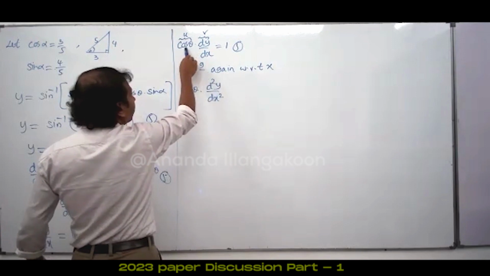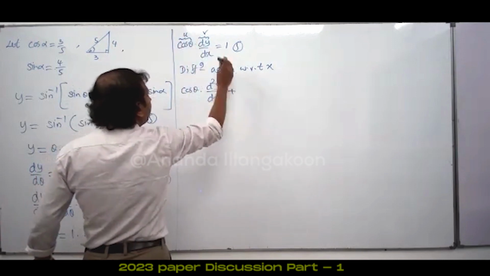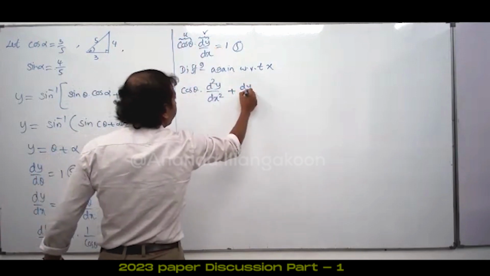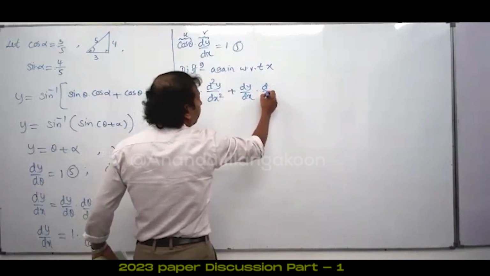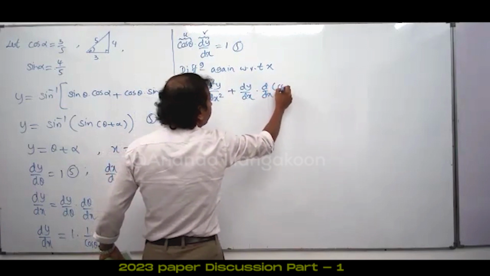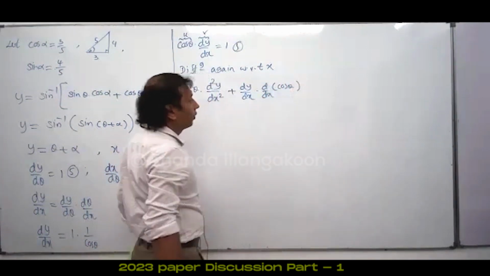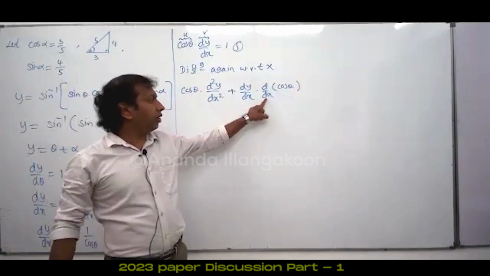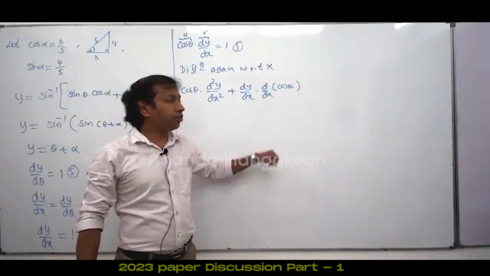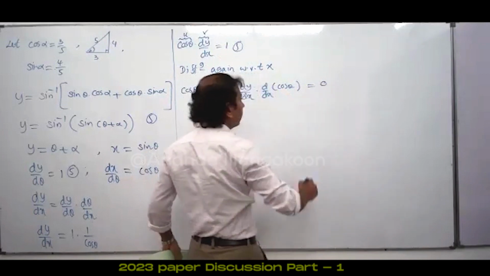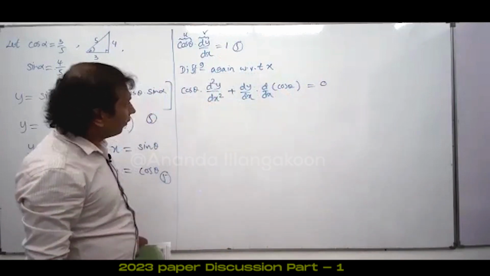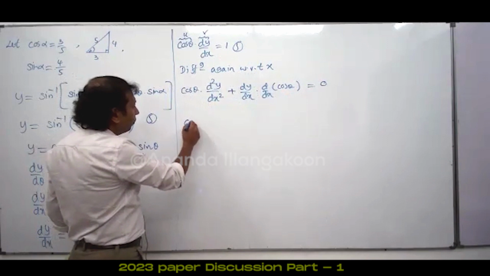We keep this as the same and differentiate this, plus we keep this as the same and differentiate this cos theta with respect to x only. Directly we can't differentiate because here we have theta, here we have x. Right hand side we have a constant which is 0. Derivative of a constant is 0. Right. Now let's see how to do the next part.